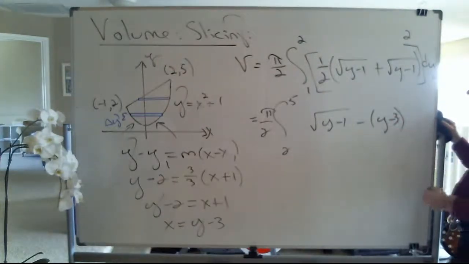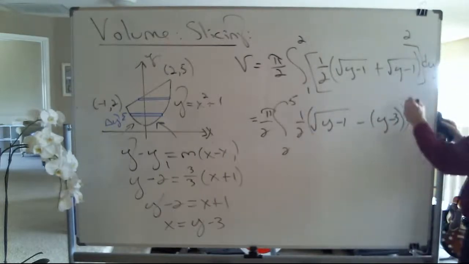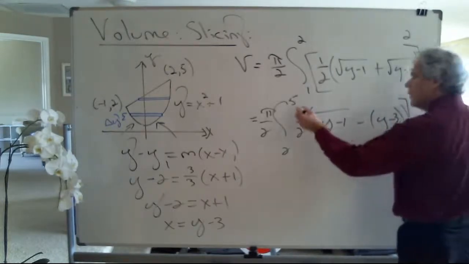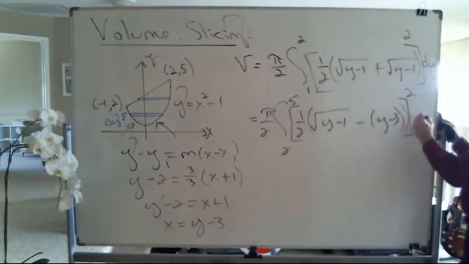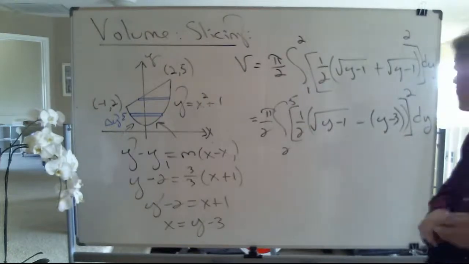But that's the diameter. So here's the radius. I'll square that radius. Now I'll integrate with respect to y. So if you don't mind, I'll leave the rest for you. I'll concentrate on setting up examples.